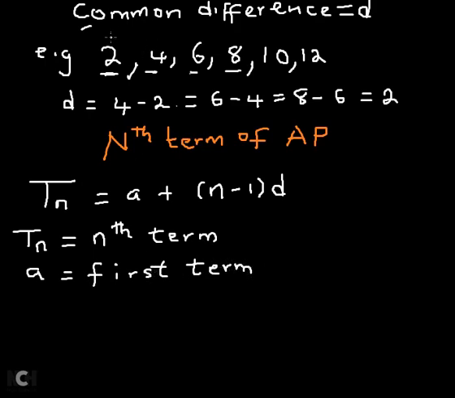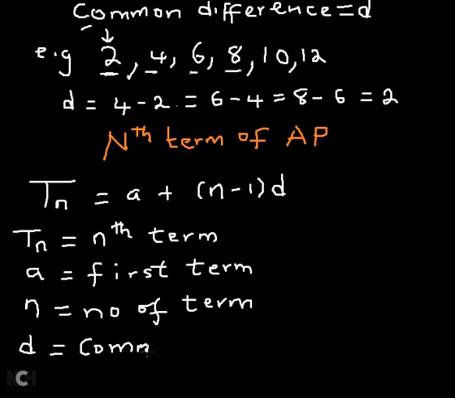For example, the first term of this AP here is 2. The n is the number of terms, the term number that you have to evaluate. And the D, of course, you know what the D is: the common difference.